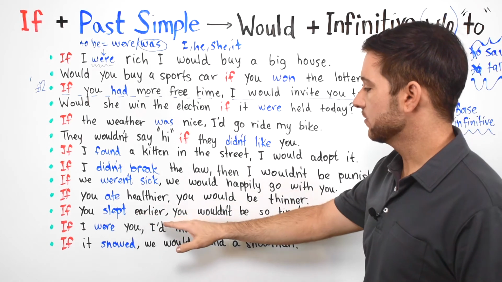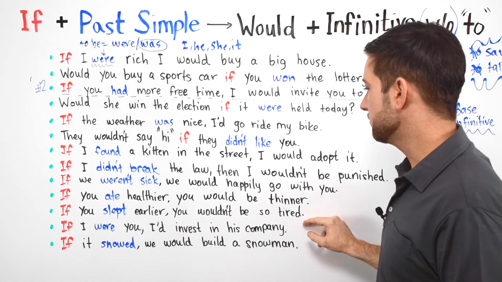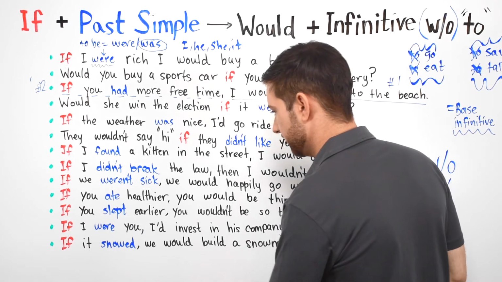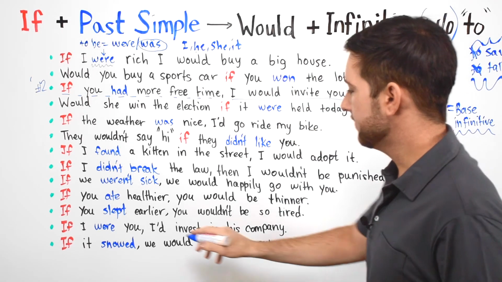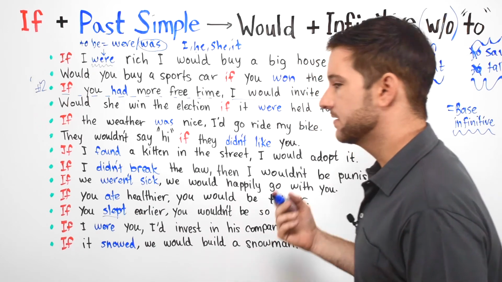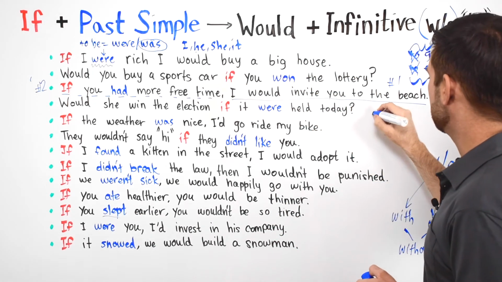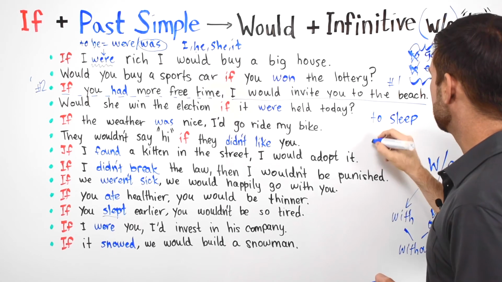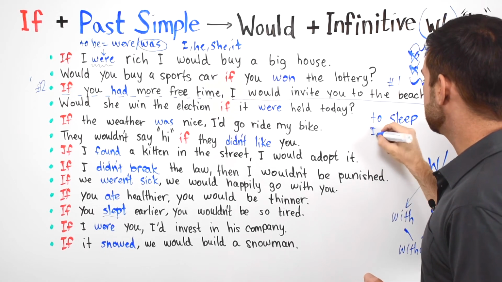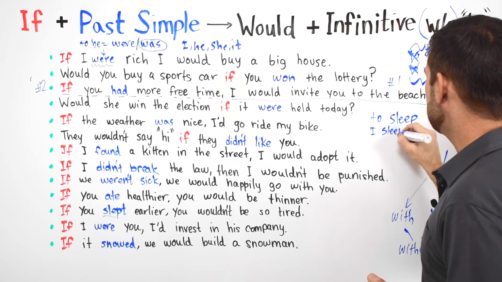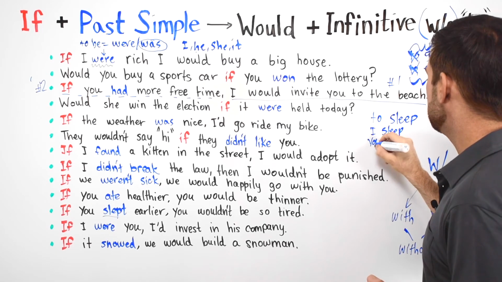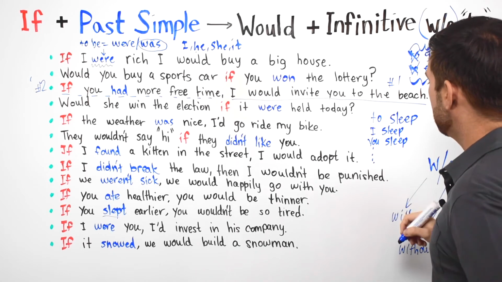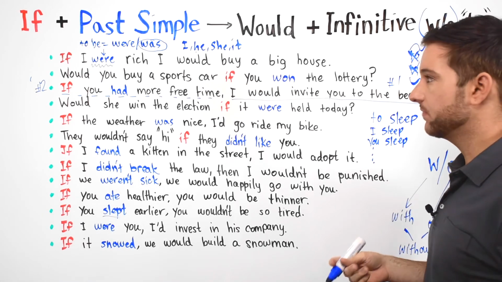If you slept earlier, you wouldn't be so tired. Okay, sometimes I've noticed students, see that word slept right here? Sometimes I see students, for example, it comes from the verb to sleep. For example, in the present tense they say I sleep, you sleep, he, she sleeps. Now remember how we make something in the past?